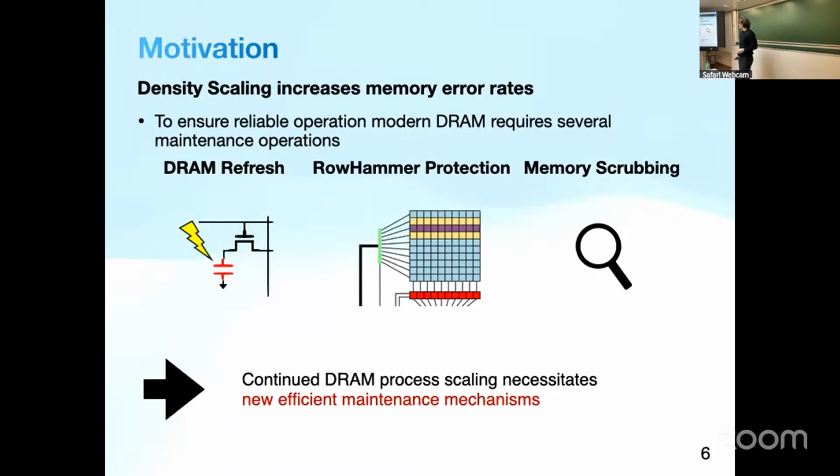As memory continues to scale and gets smaller and tighter, we need more memory maintenance operations to allow the DRAM to continue to work reliably. Therefore, developing new efficient maintenance mechanisms is integral.